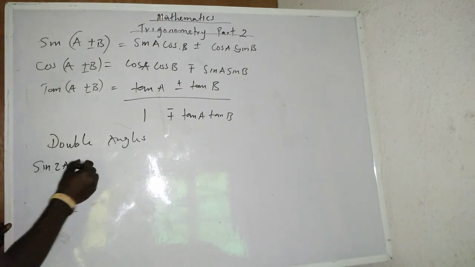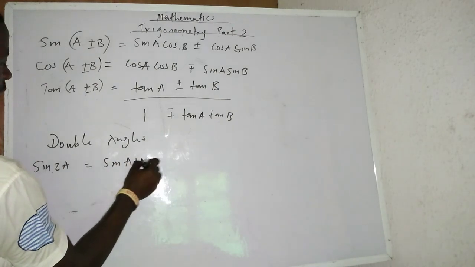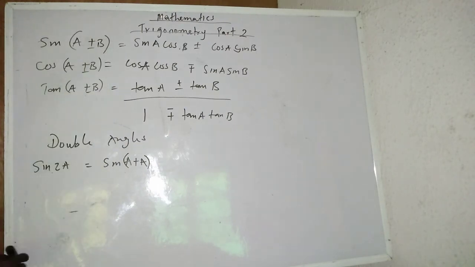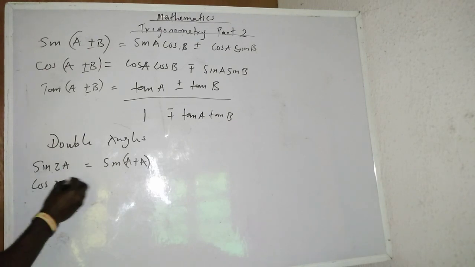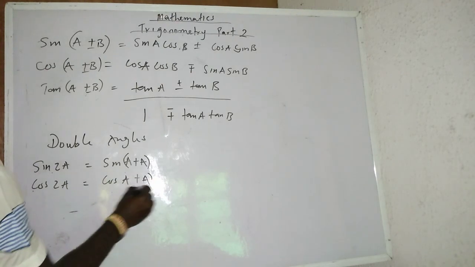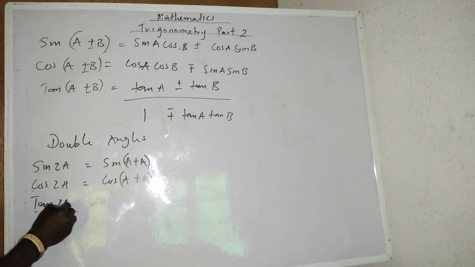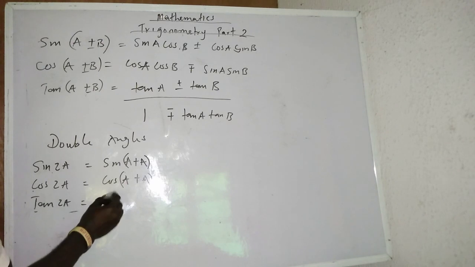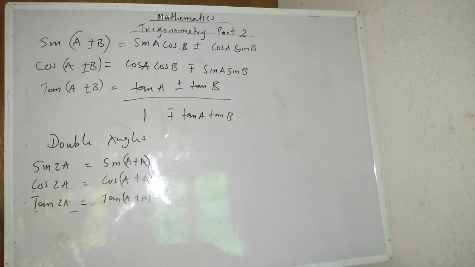Sine 2A can be expressed as sine of A plus A. Cos 2A can also be expressed as cos of A plus A. Tan 2A can also be expressed as tan of A plus A. It is just the double of the same thing.